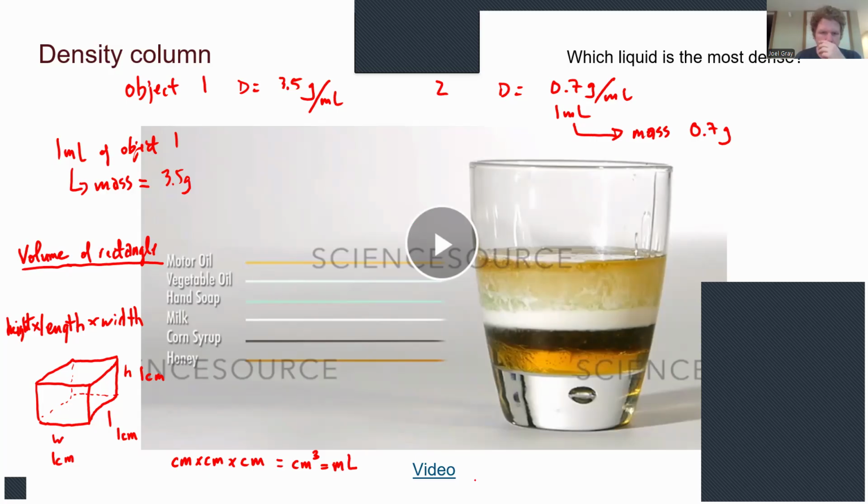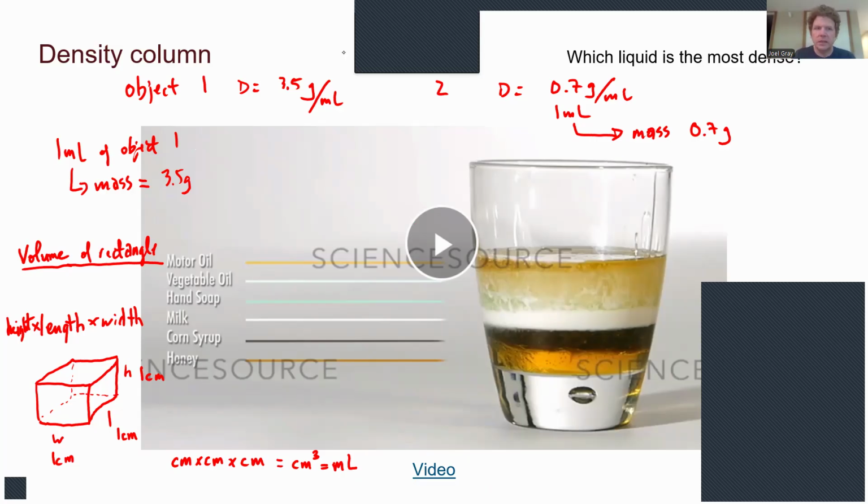But if I wanted to know exactly what it is, I could get basically a cube. Now, this would be hard because it would have to be frozen, or I could have a container that was 1 centimeter by 1 centimeter by 1 centimeter, and fill it with coffee. That would give me my 1 cubic centimeter or my 1 milliliter of coffee.